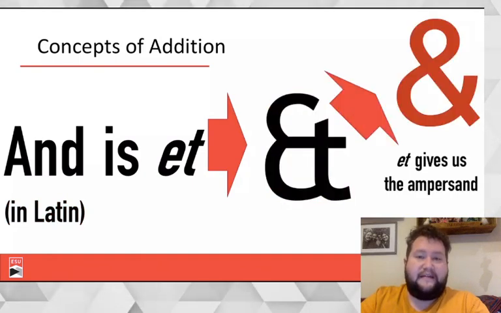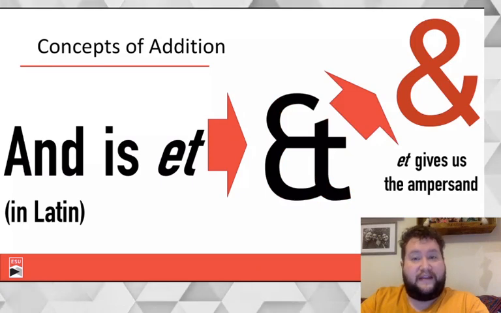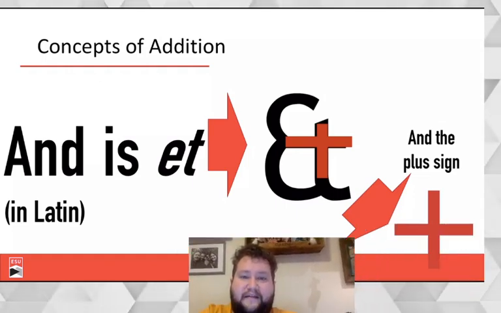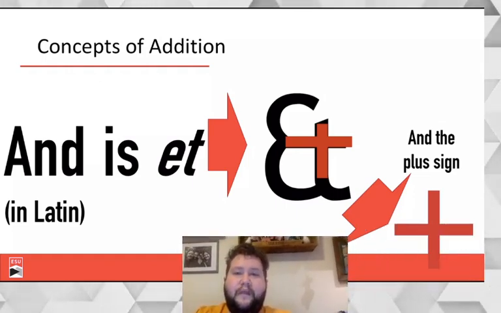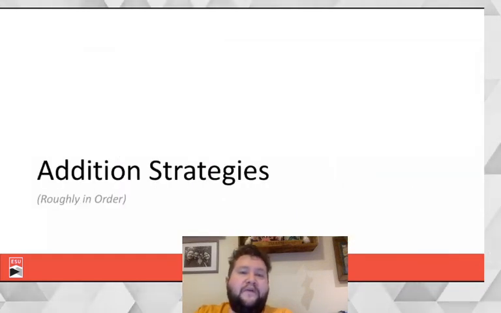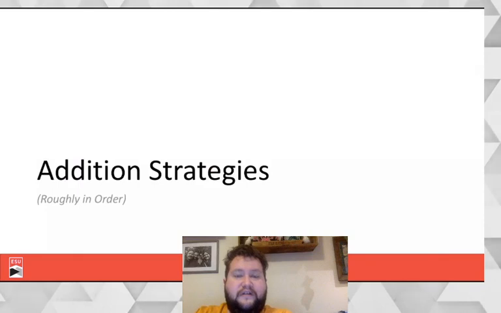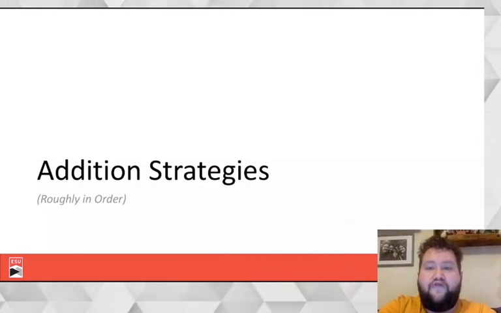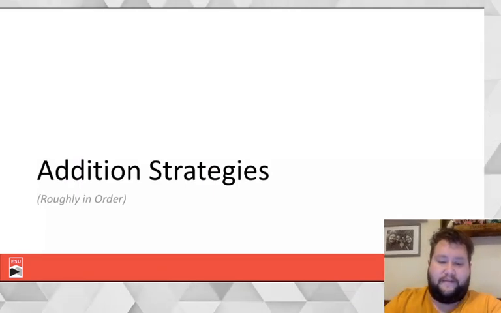That et gives us the ampersand, which is why we have the and symbol. And it gives us the plus sign, which of course is behind my head.